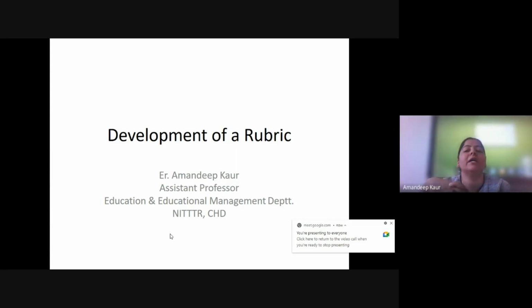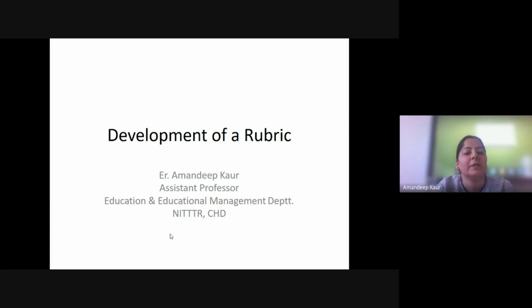When you're designing a rubric for assessment purposes, an individual teacher can design that criteria. But if you are using that rubric sheet for evaluation purposes, then at departmental level, as per the guidelines provided by the board and university, we need to design the rubric sheet.